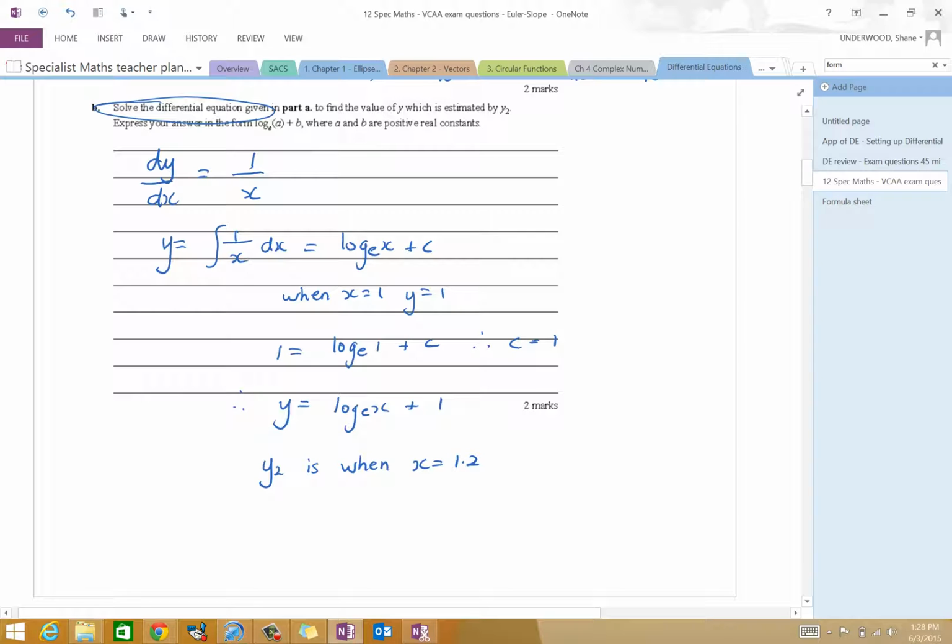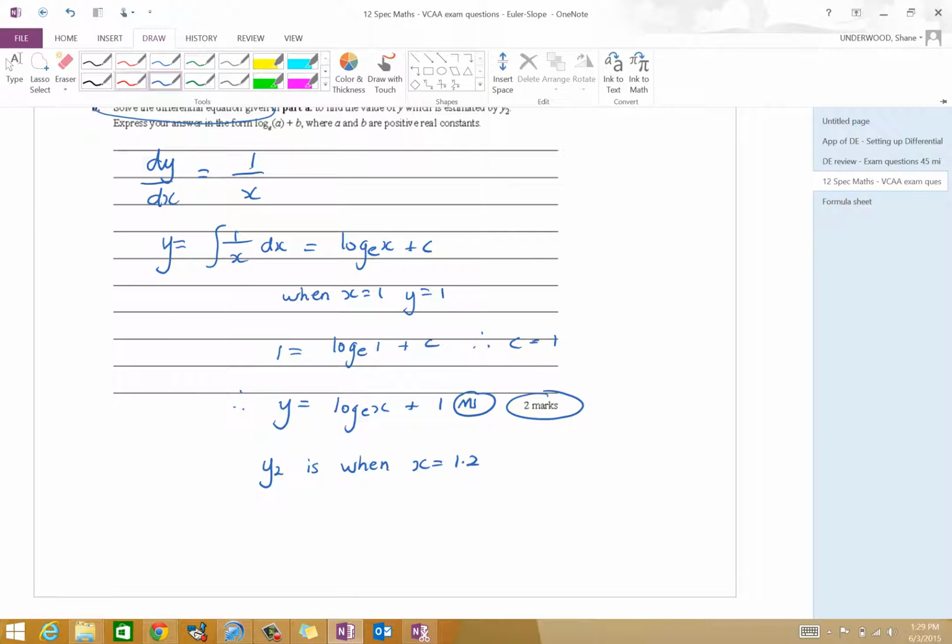Now I guarantee you, this is only worth 2 marks. So look, doing this was worth 1 mark. If you get to this, I would imagine that would be your first mark. A lot of students would have got that. And if you didn't, well, you shouldn't have been in the course, for sure. But there are some students that slip through the cracks. But what we're going to say is, don't we want y2?